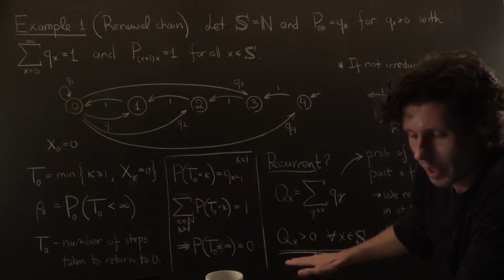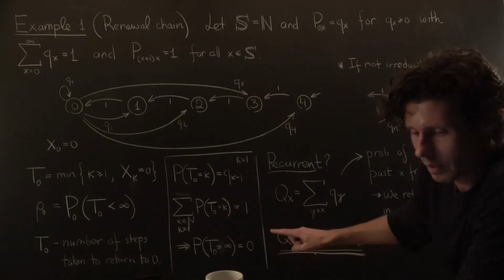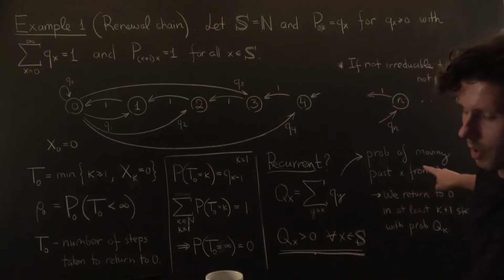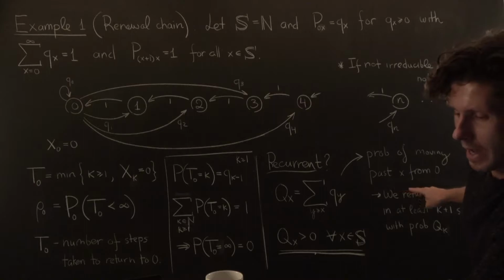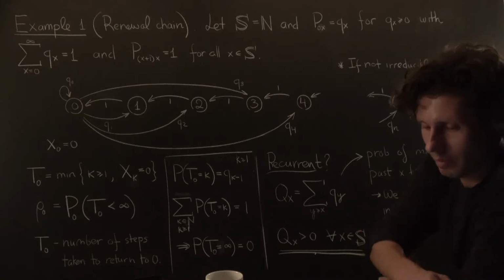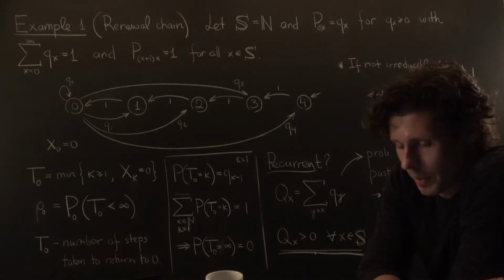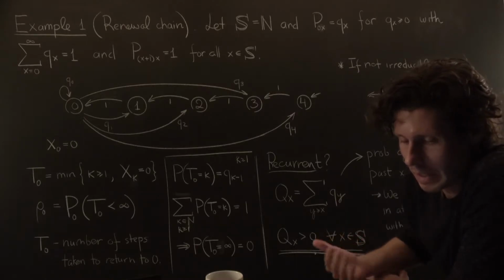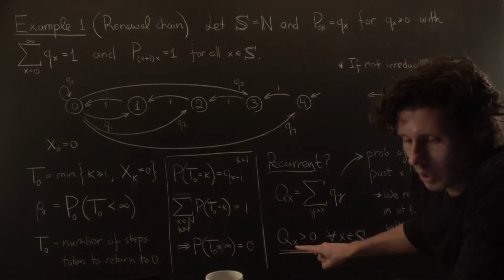the renewal chain is irreducible when every single capital Qx is strictly greater than 0. This Qx was the probability of moving past state x from 0. Now I'm going to assume that irreducibility is broken, that it does not hold. That means there's some integer n such that Qn is equal to 0.